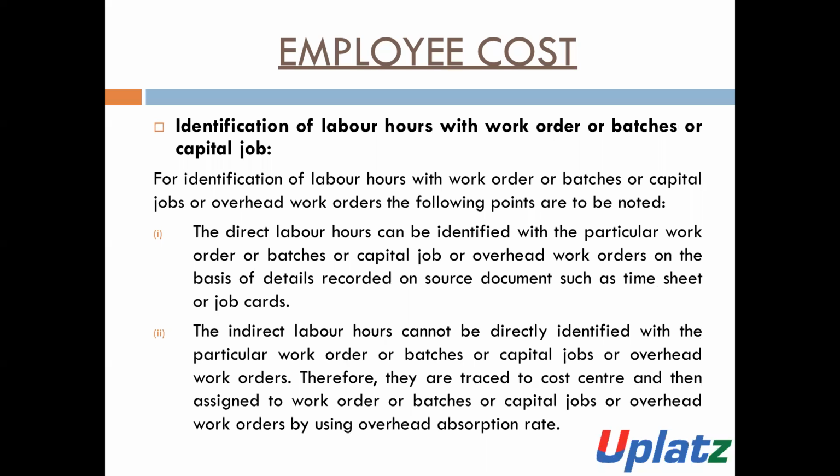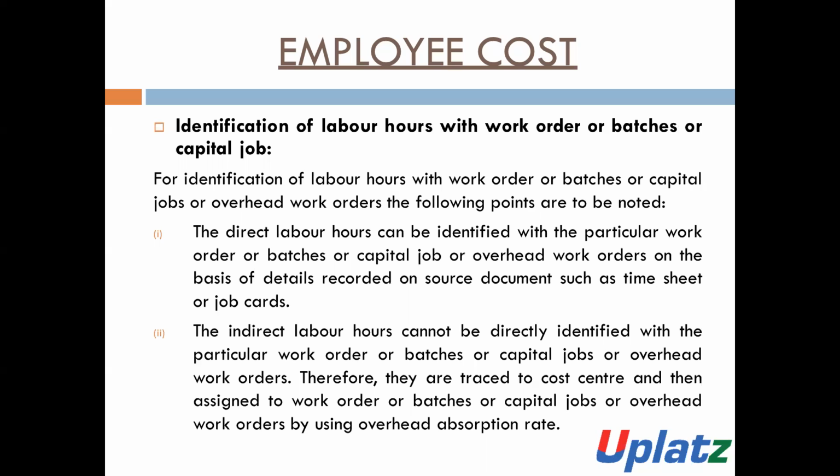Number one, direct labor hours can be identified with the particular work order or batch or the capital job or the overhead work order on the basis of details which are recorded on the source document such as timesheet or job card.